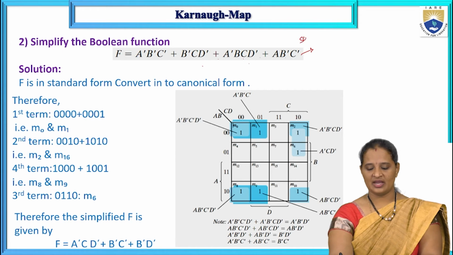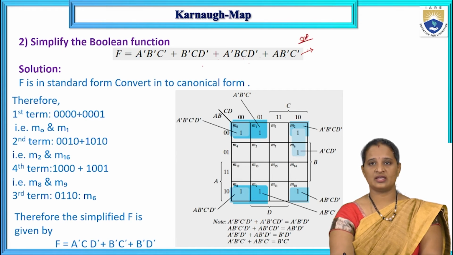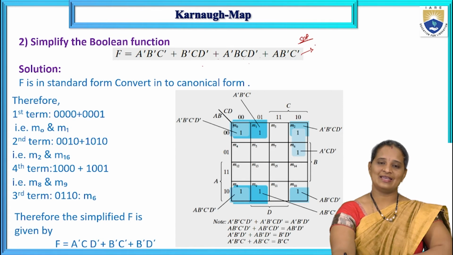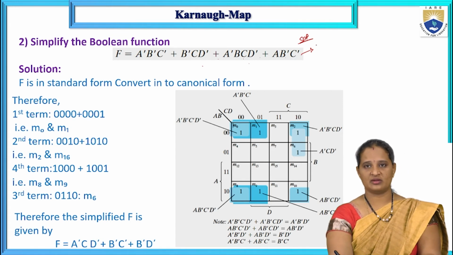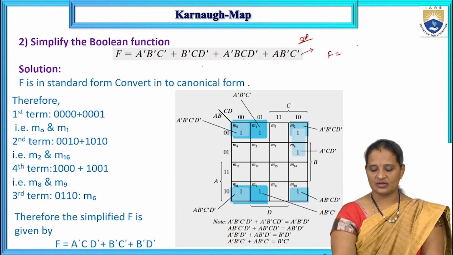This is SOP, right? Sum of products. How can I convert a sum of products form into canonical form? Just multiply with a term formed by the missing variable and its complement. That is one method. The variable missing is D here, because it is a 4 variable function.